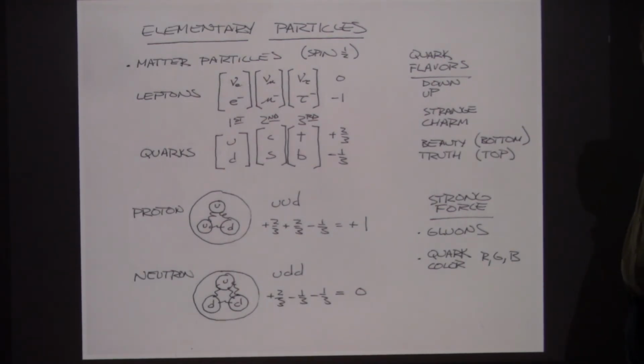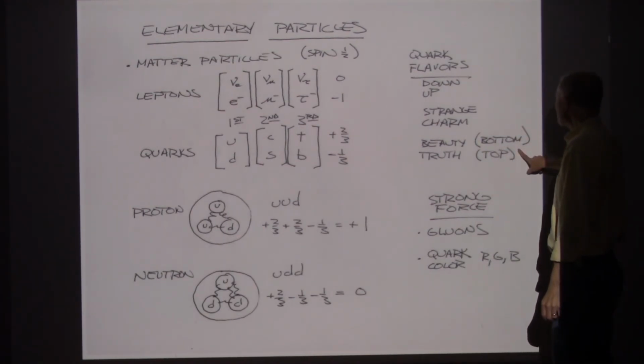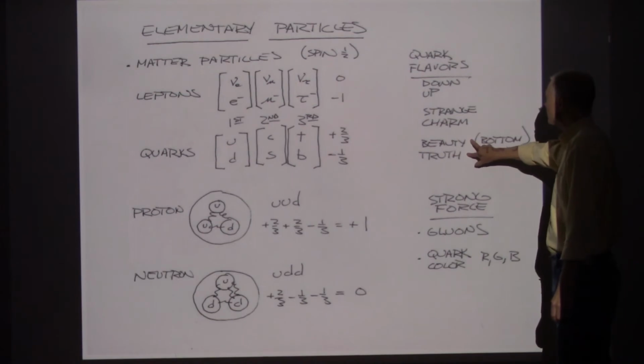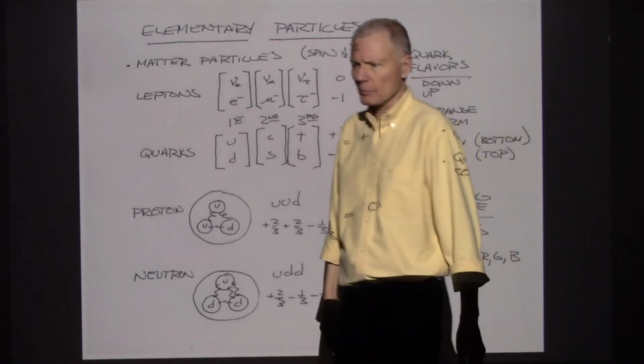So the B quark is the beauty quark and the T quark is truth. But I think at some point people got a little embarrassed and they started calling them bottom and top. Anyway, sometimes you'll still hear this referred to as the beauty and truth quark, but more often I think now it's referred to as bottom and top.